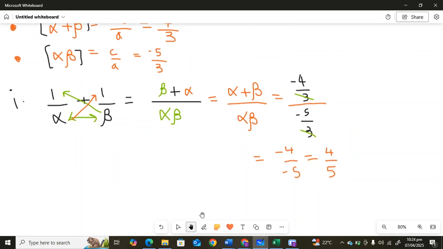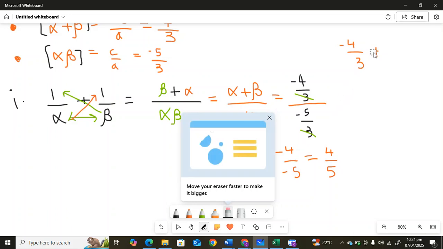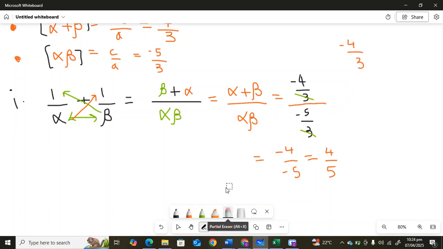Any questions, colleagues? So how did the threes cross each other there? Negative 4 over 3 divided by negative 5 over 3.